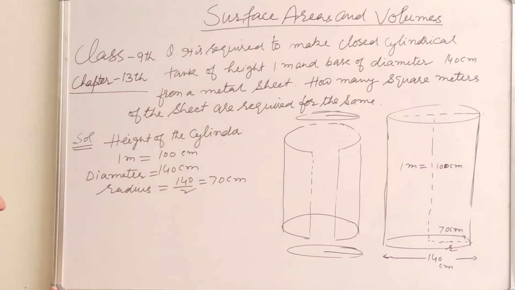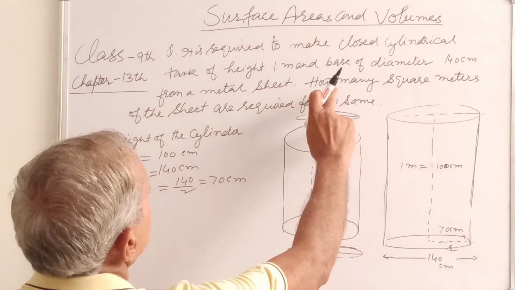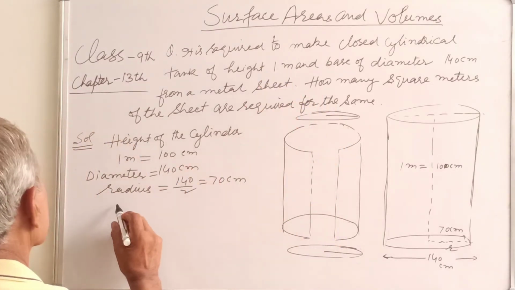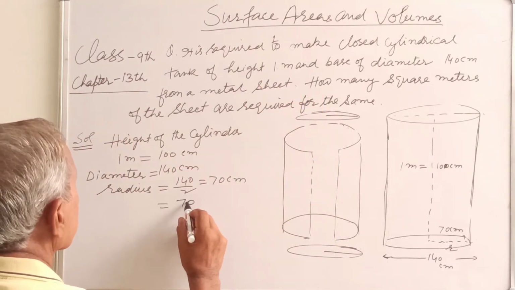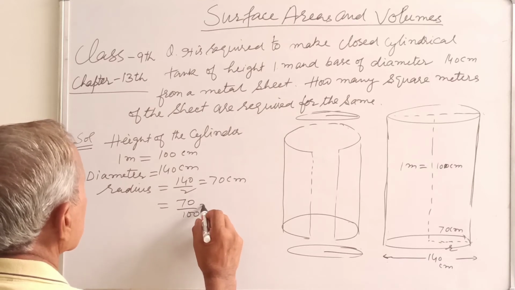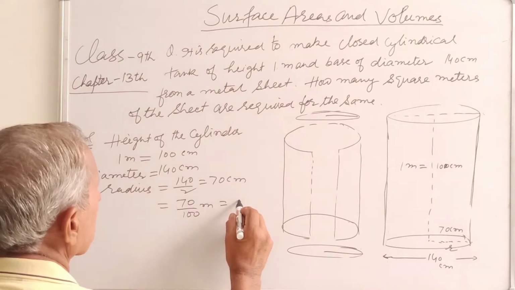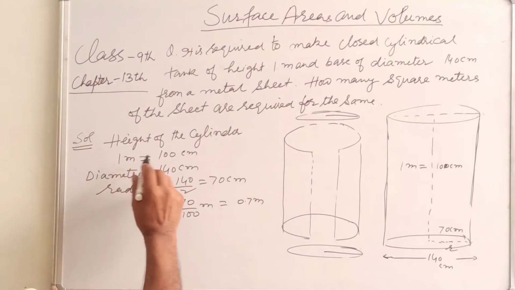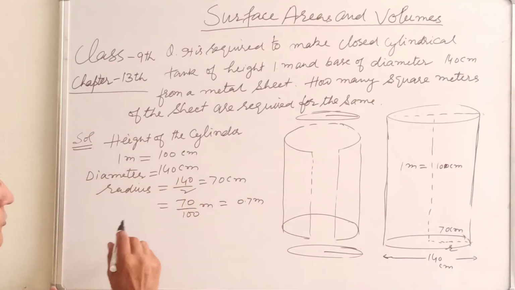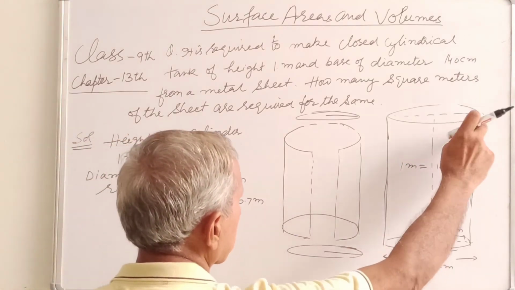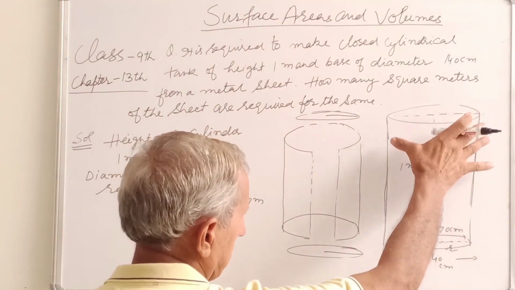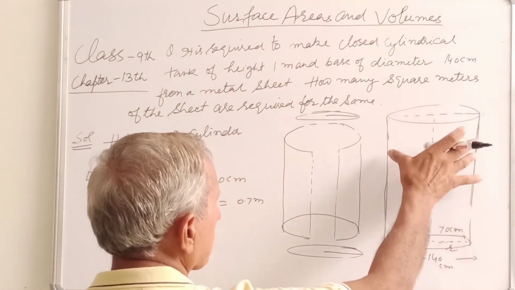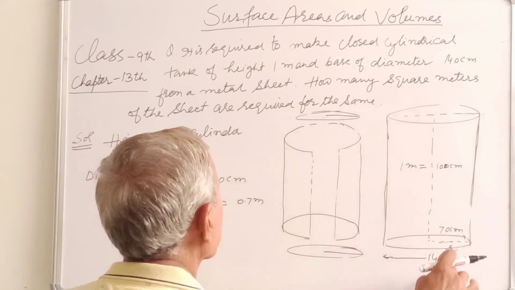If you want to change it into meter, the radius will be 70 upon 100 meters, 0.7 meter. The height is 1 meter. So you have to find the total surface area, this cylindrical portion as well as the top and the bottom.